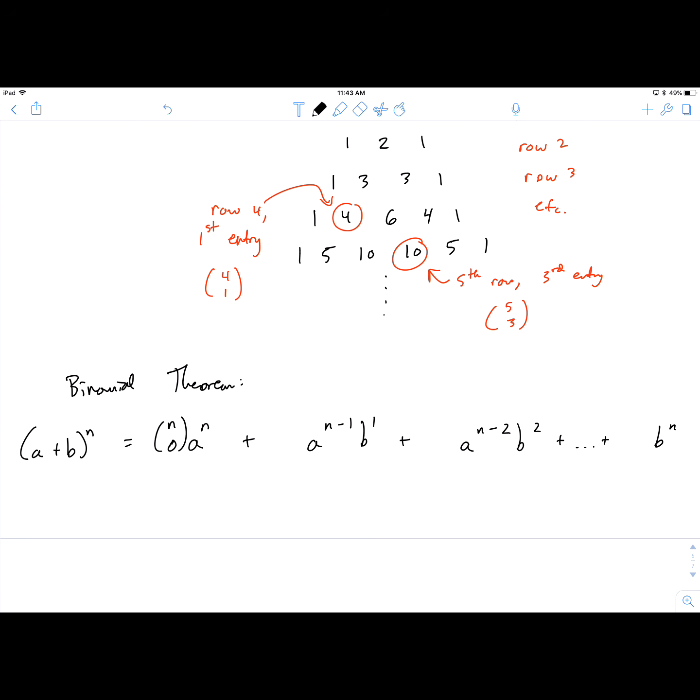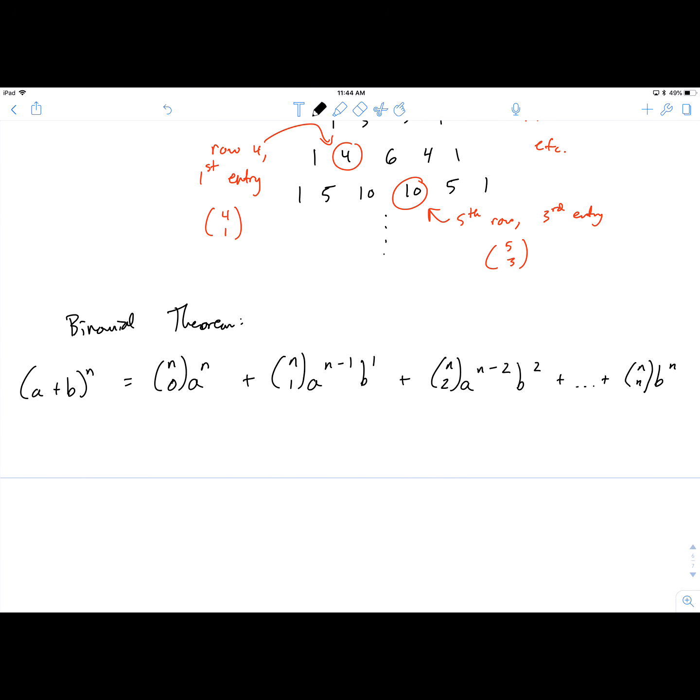Because if you think about how many ways there are to select nothing out of your entire group of n, there's only one way to do that, just to select nothing. Then the next term would be n choose 1, then n choose 2, and so on, all the way until the last term, which will be n choose n, which again is 1. If you think about how many ways there are to select all of the items in a group, there's only one way to do that, to select all of them.